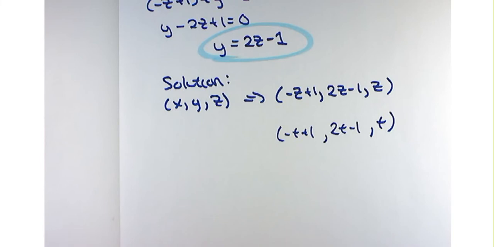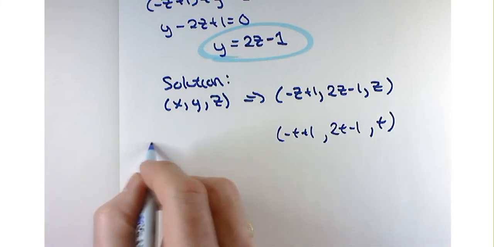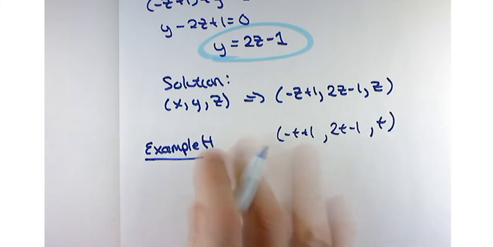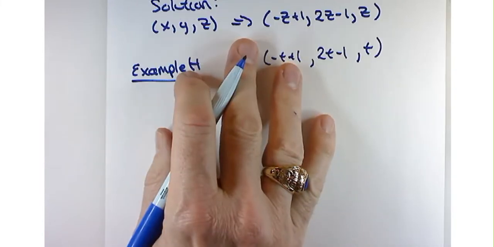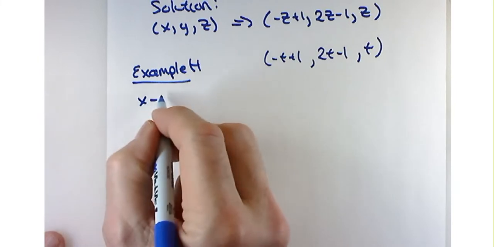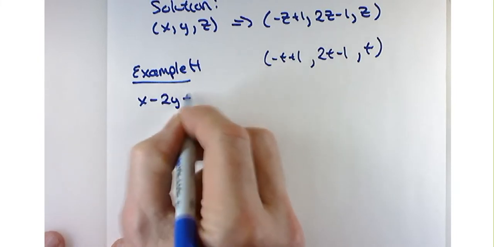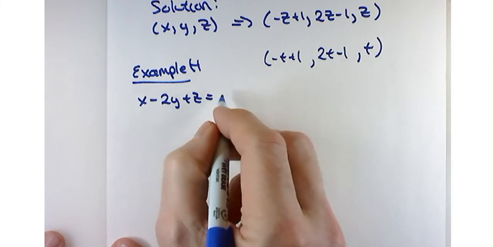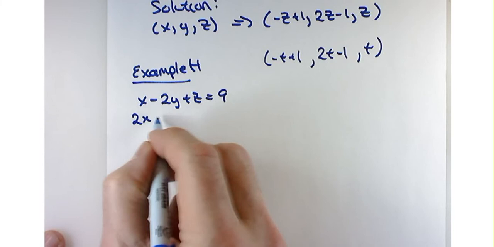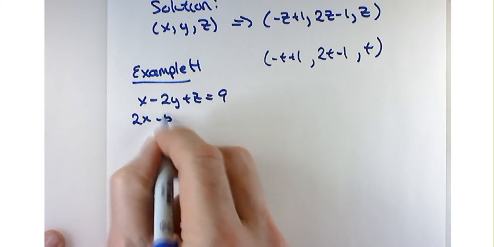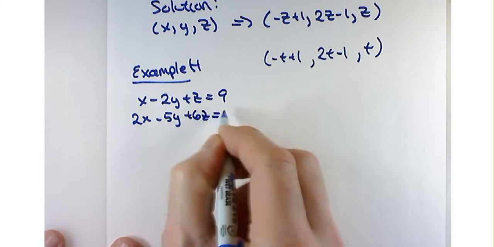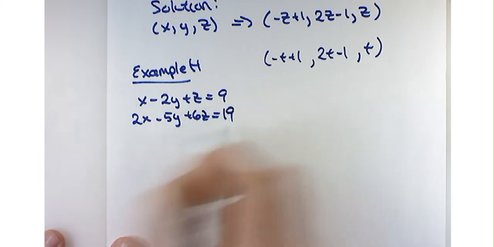So this one is example H, if you're following along with the handout. It's going to look like this. x minus 2y plus z equals 9. 2x minus 5y plus 6z is equal to 19.